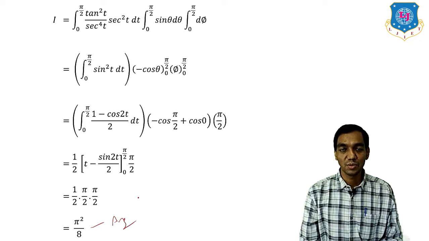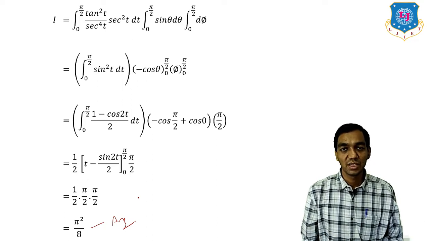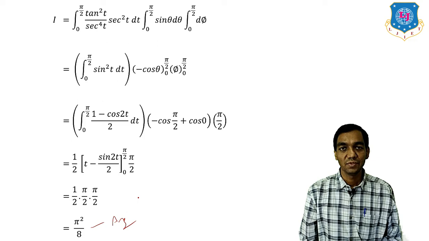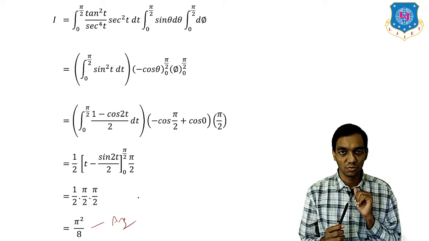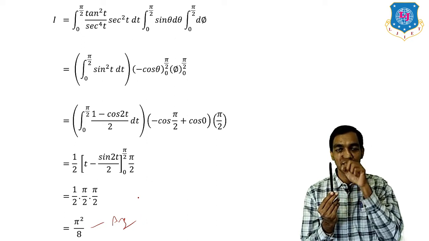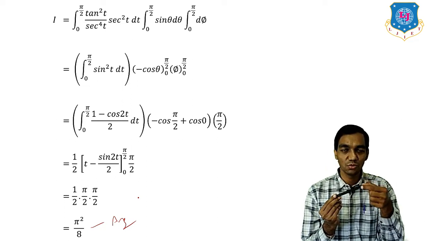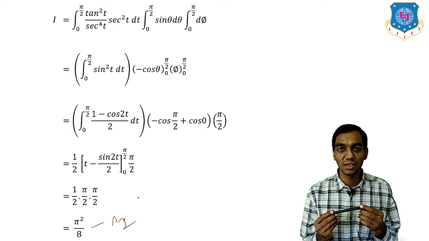Okay, so please remember that if you are considering the spherical coordinate, then you have to consider that r is the radius vector from the origin to the curve in a 3-dimensional surface. Secondly, theta is the angle with the positive z axis, that means this is the z axis, then you have to consider theta from z equal to 0 to wherever your curve or region is going to end.